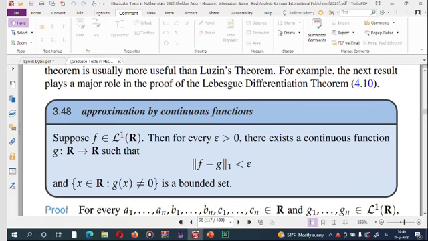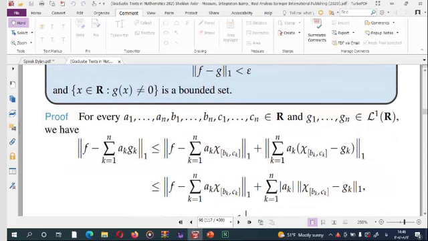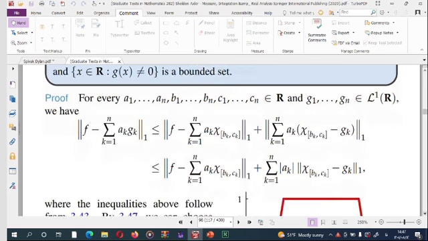For this, you can see for every constant such as this and any function in L1, we have this by triangle inequality. Okay, you can add this and omit again, add this and omit again, and use triangle inequality.